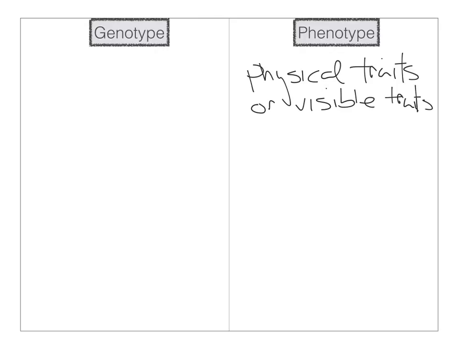So without even knowing my genetics, or whether or not my genes are dominant or recessive, just by looking at me, you could say, I have brown hair, I have green eyes, I have detached earlobes, I have a hitchhiker thumb, I have a widow's peak. Those are all things that you can see. Now there are genes that code for all of those. I inherited those traits. You can't see the genes, but you can physically see the characteristics. That's what a phenotype is.